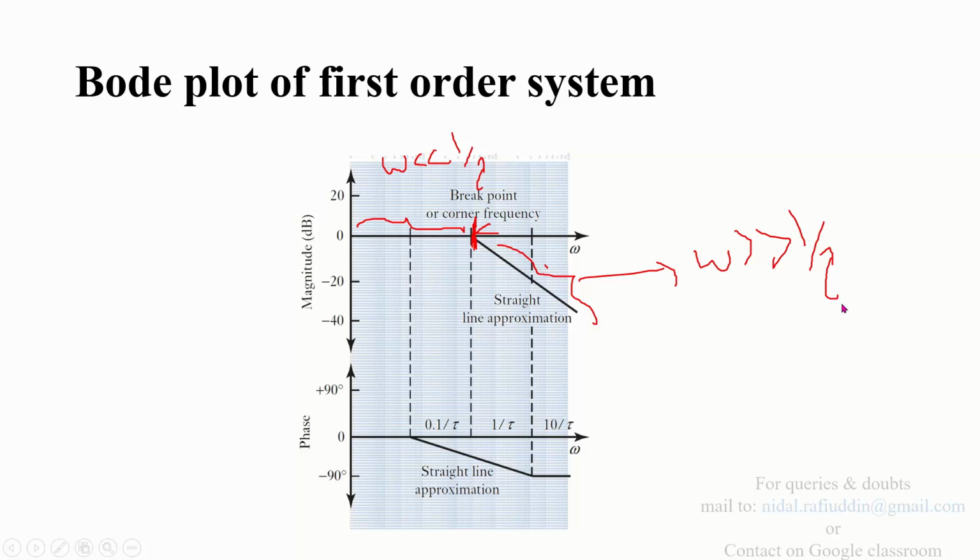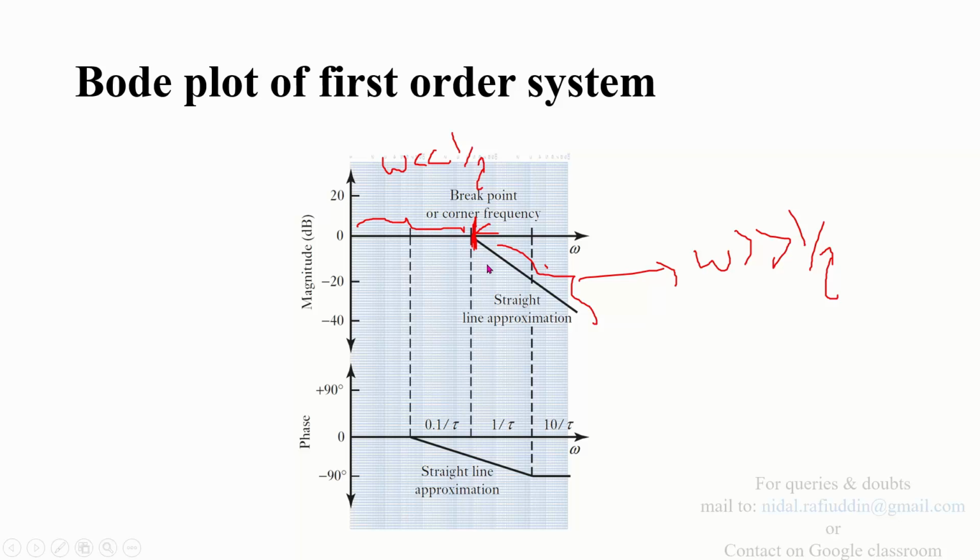Likewise, for omega much greater than 1 upon tau, the line slope is minus 20 dB per decade, which means that they are not going to hold very well when omega is close to 1 upon tau. So when omega will be close to 1 upon tau, these two assumptions will not be pretty accurate, which means that the exact point at this place will be located somewhere above or below, depending upon what value of zeta the system has.